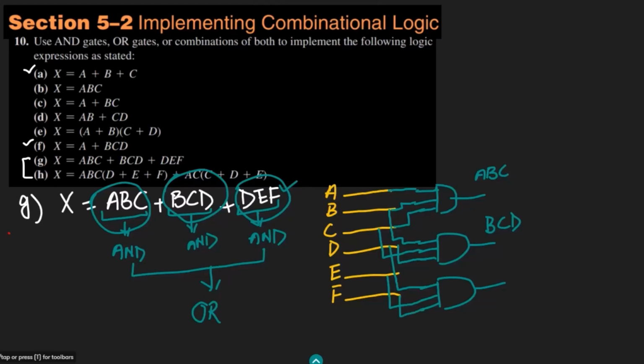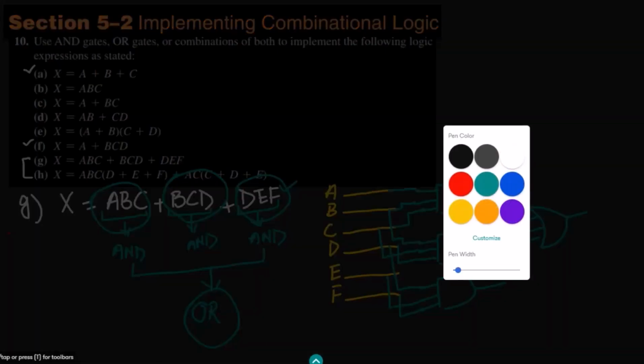So I have here D, E, F, which are at the end combined together by this OR gate. Let me draw this OR gate, and this is the OR gate with 3 inputs. To the first, let me use another color.